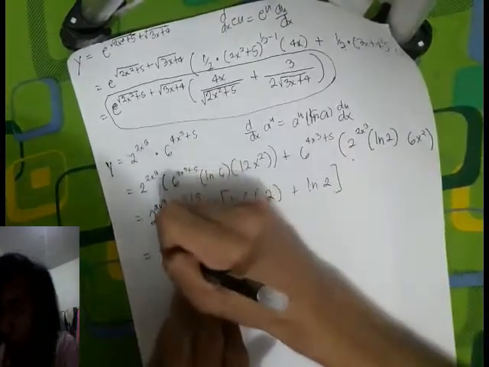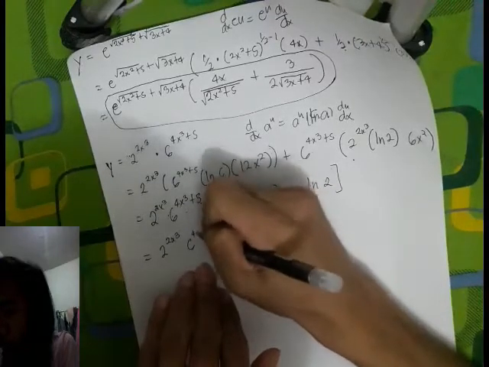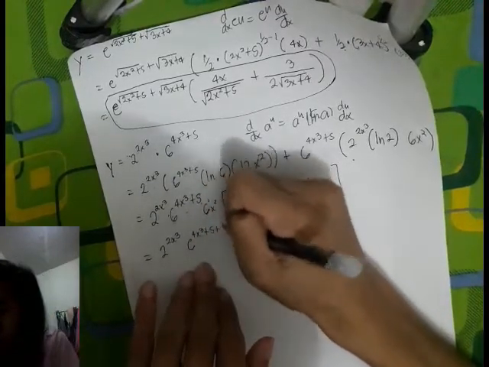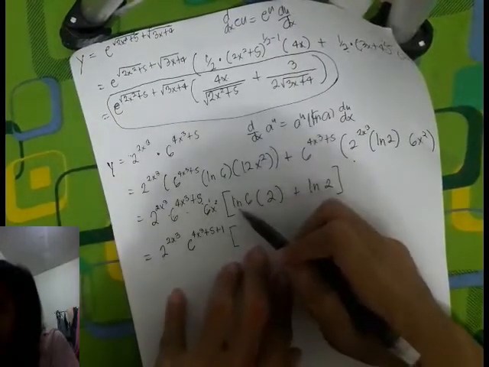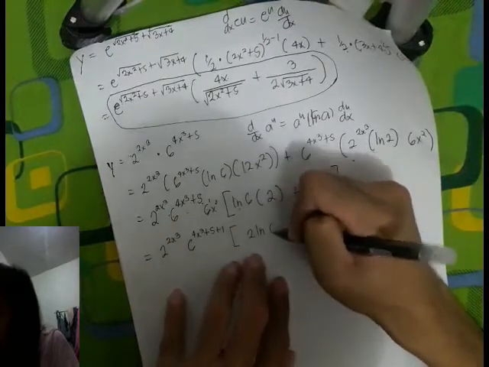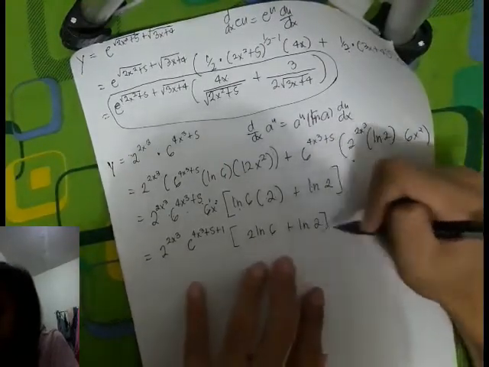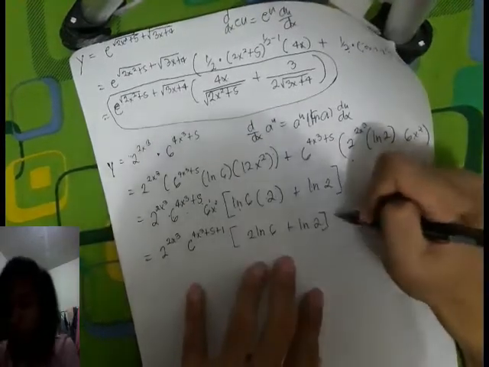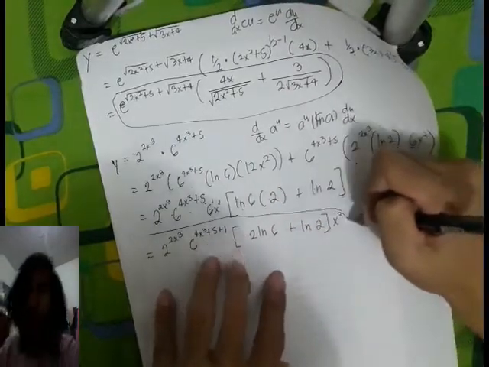It will be 6 to the power of 4x cubed plus 5 plus 1. Then inside, 2 ln 6 plus ln 2, times x squared. Then this will be the derivative of this function.